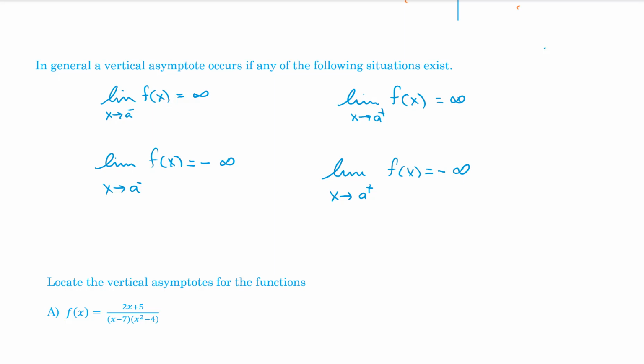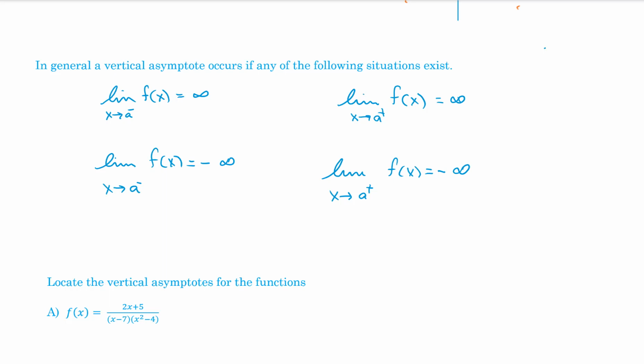It can also be the situation that if you approach a value from the right-hand side, it goes to infinity or it goes to negative infinity. So that's more of a mathematical definition of what's going on.